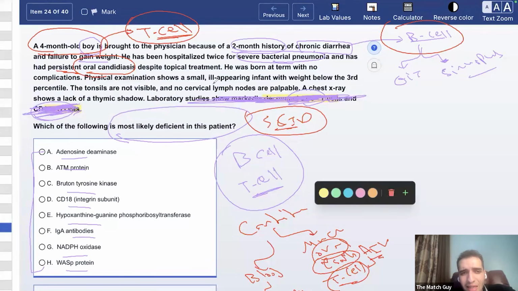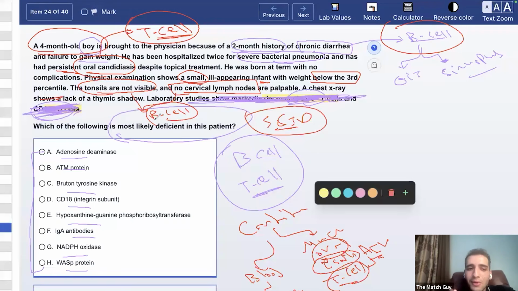Physical exam shows a small, ill-appearing infant with a weight below the third percentile. This makes sense because it's a severe condition. The tonsils are not visible and neither are the lymph nodes. What are your tonsils and your lymph nodes, guys? They are usually the organs that carry the B cells.